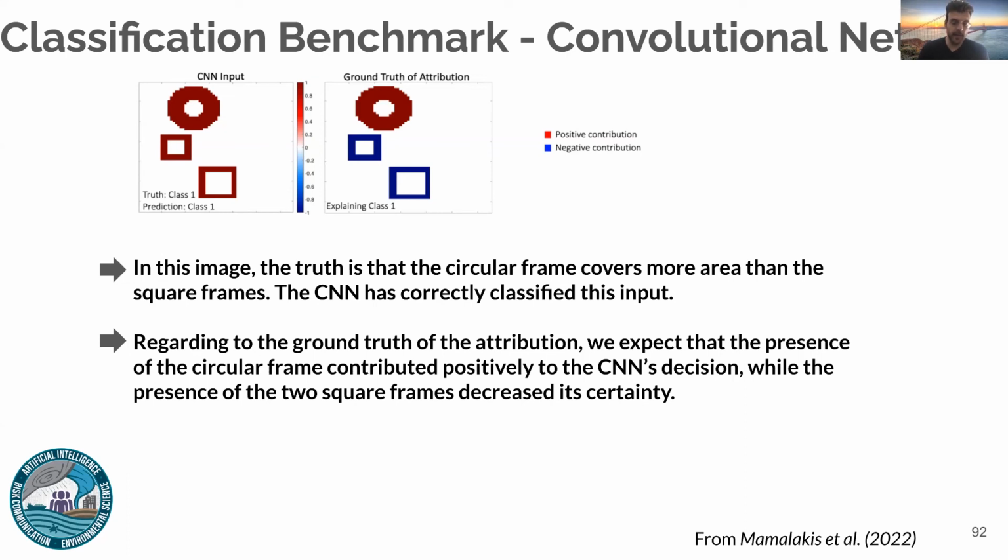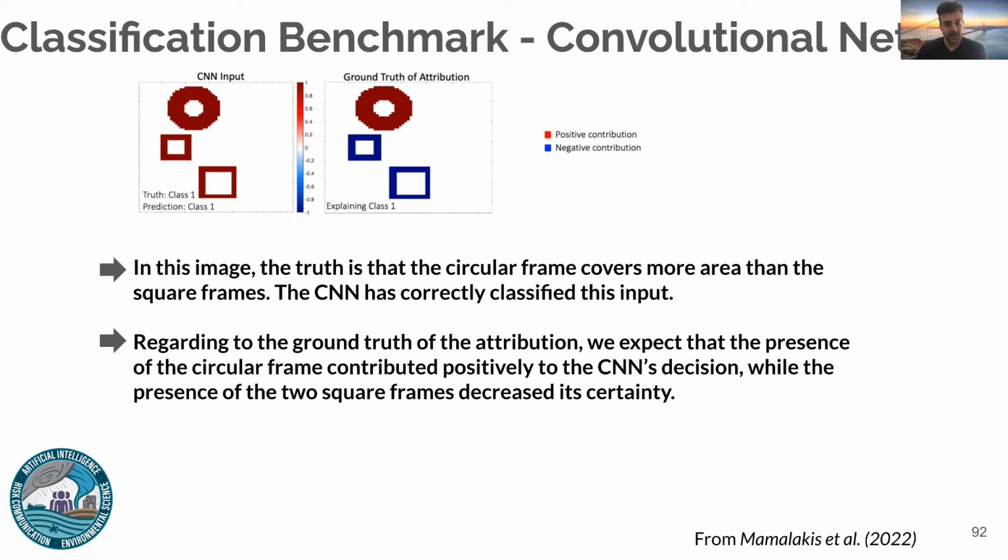And so when we try to explain this classification, we expect to see that for a zero baseline, a blank image as a baseline, the presence of the circular frame making the network more confident about its decision, and the presence of the square frames making the prediction less certain. That's why we expect to see what you see there on the right.